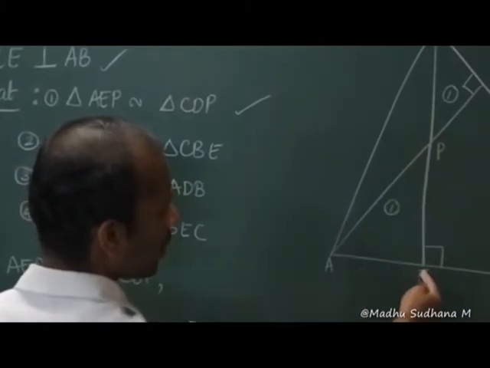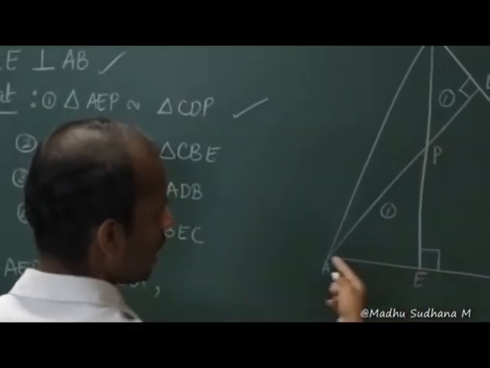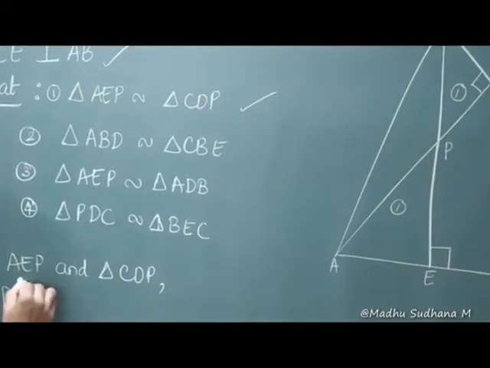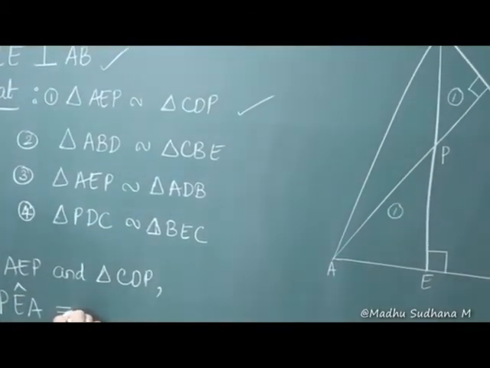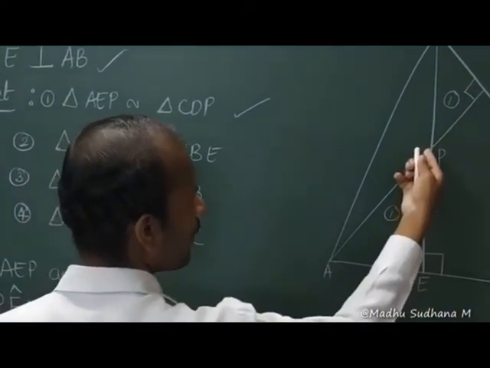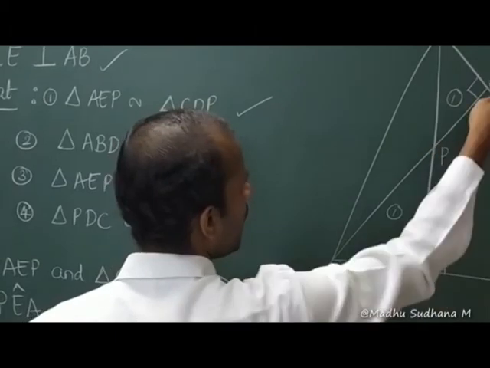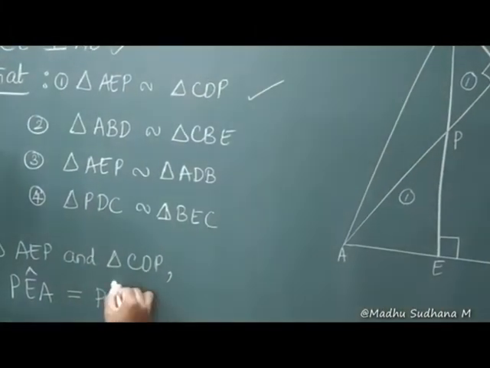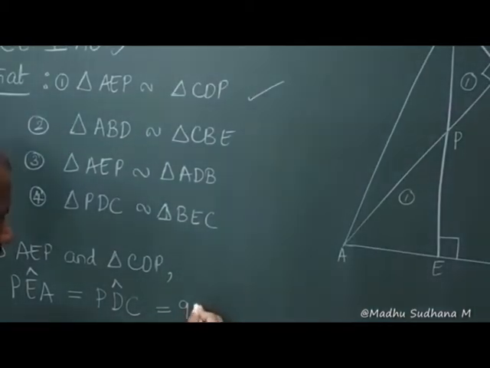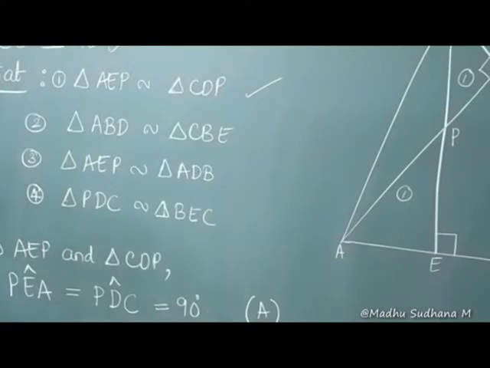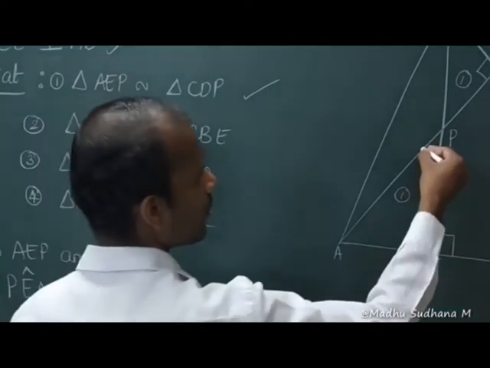P dropped to E: PEA angle is equal to, correspondingly from P dropped there, PDC. Both are 90 degrees and this is one angle.